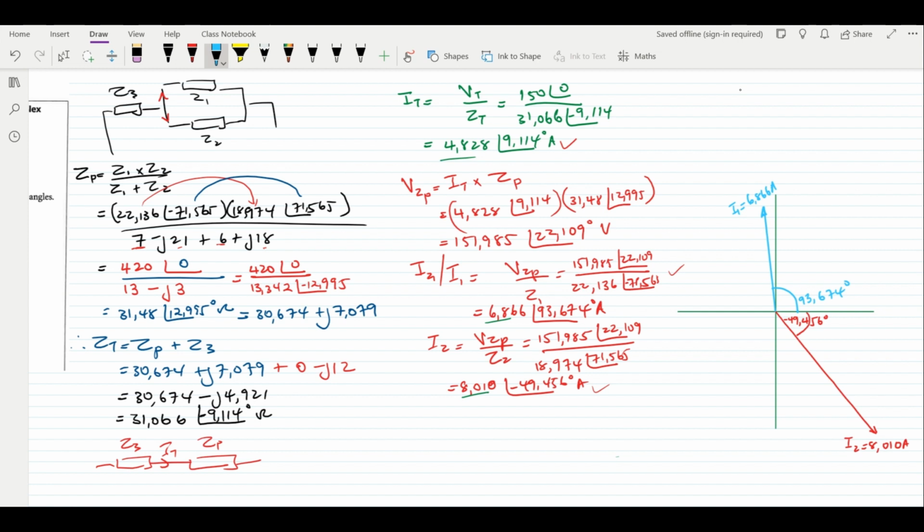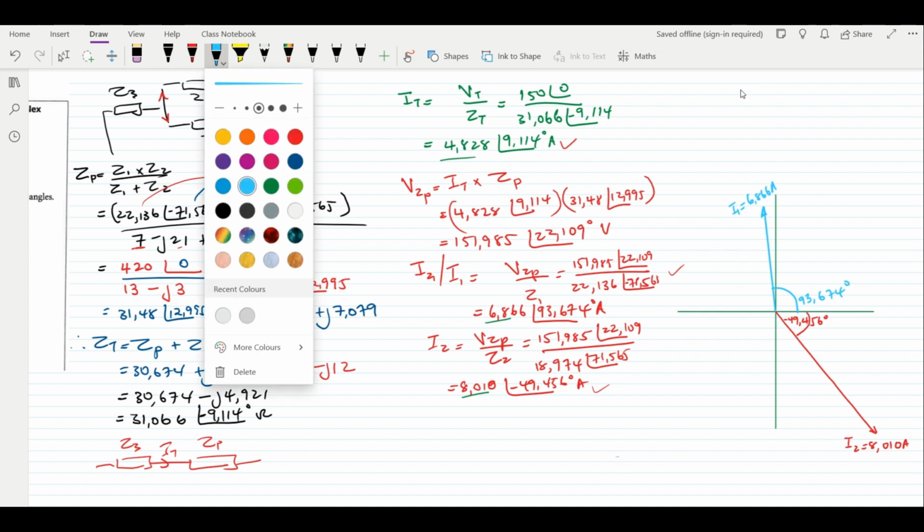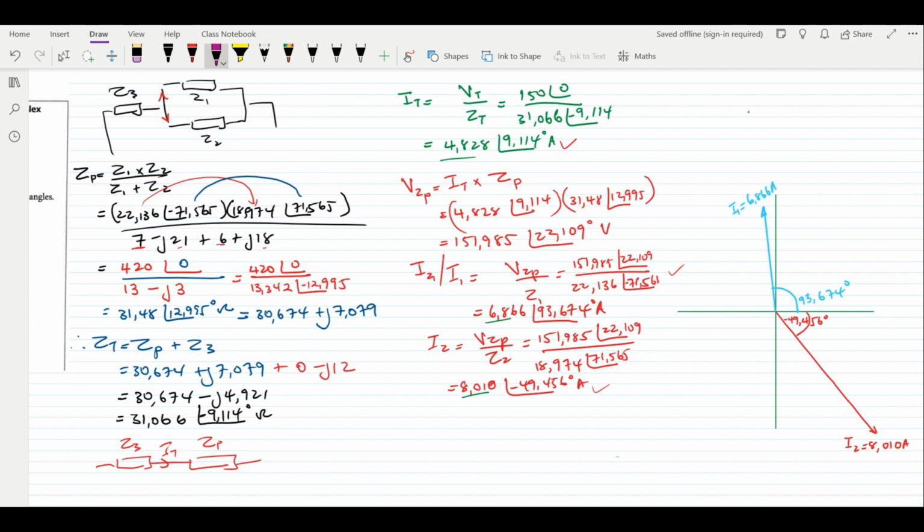And then lastly, I draw my IT. Let's use a purple color. My IT, which should be smaller than all of them, so I will draw it right here. See that? Just right there.